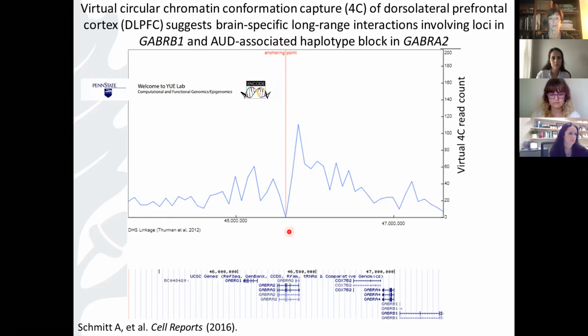When we choose our anchor point as RS279858 to represent the AUD-associated haplotype block, we see a peak at beta-1, suggesting that there is a brain-specific interaction between the AUD-associated haplotype block and beta-1.